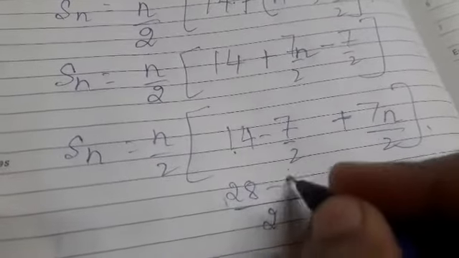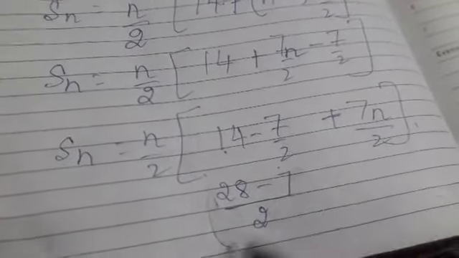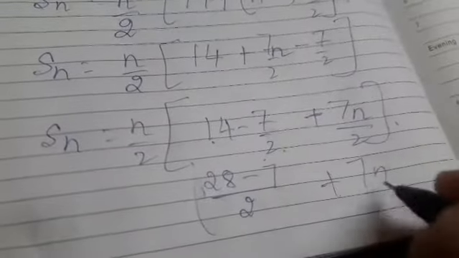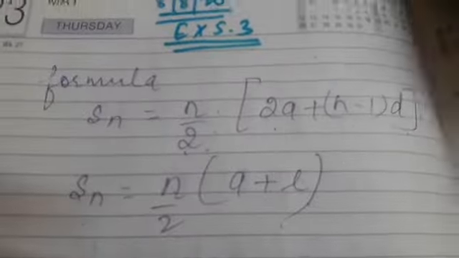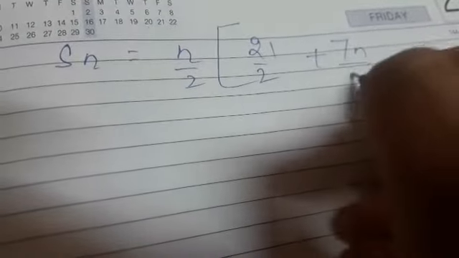Now I get here 14 twos are 28, LCM 2, 28 minus 7 and plus 7n by 2. Sn is equal to n by 2, 28 minus 7 gives 21, so I will write Sn is equal to n by 2 into 21 by 2 plus 7n by 2.